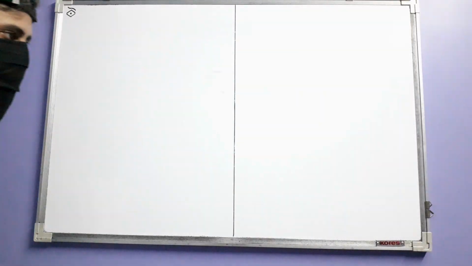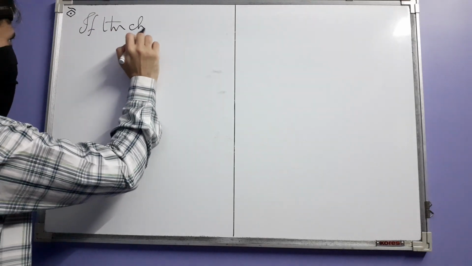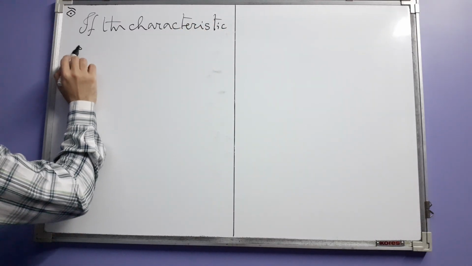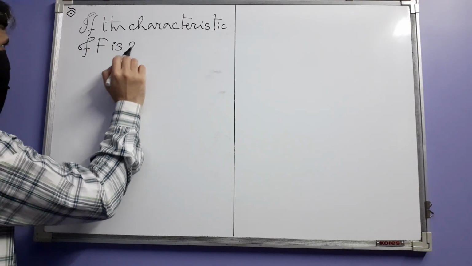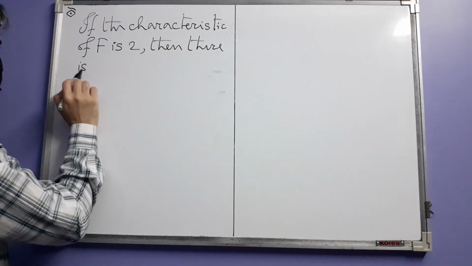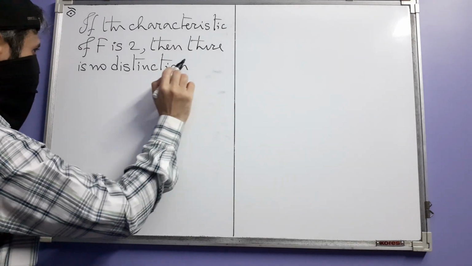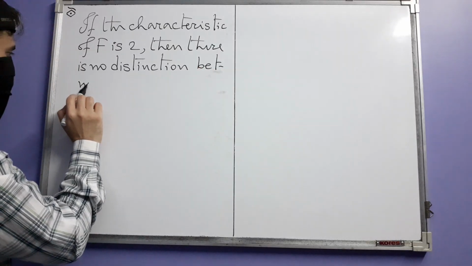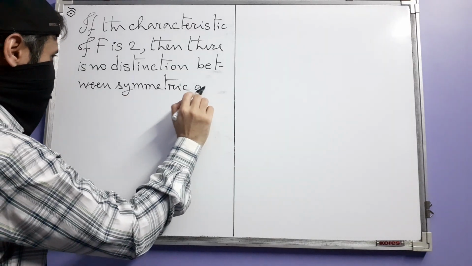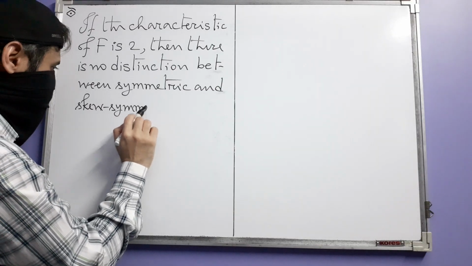Let us now note that if the characteristic of the field F is 2, then there is no distinction between symmetric and skew symmetric matrices.